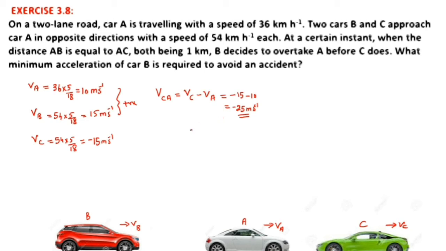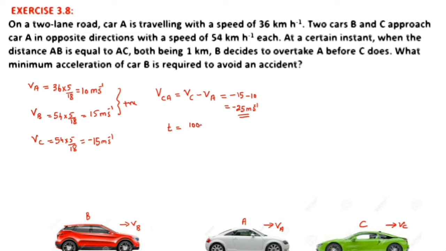So how much time does it require to just cross A? Just imagine C is crossing A. How much time is required? The time that C requires to cross A depends on the distance between cars A and C, which is 1000.